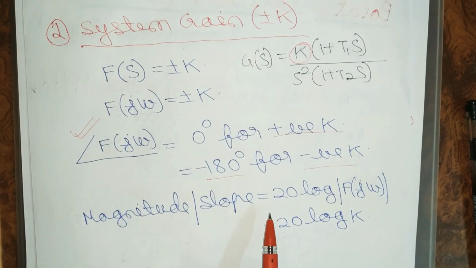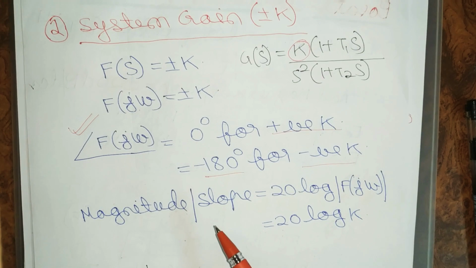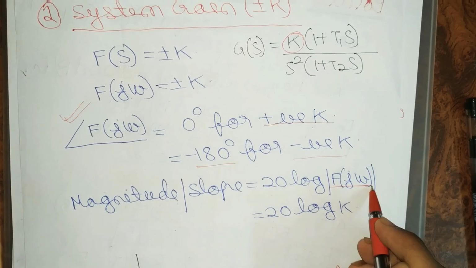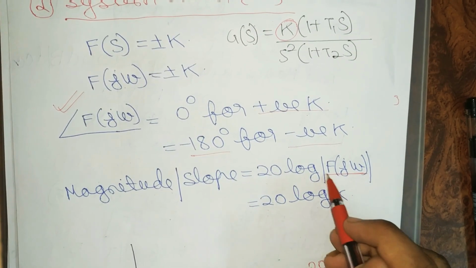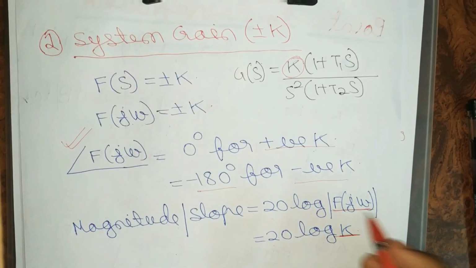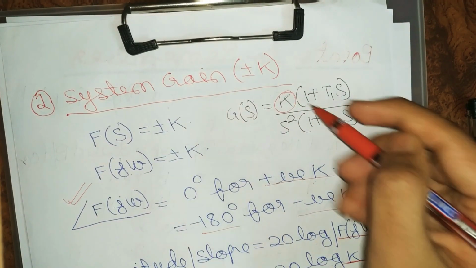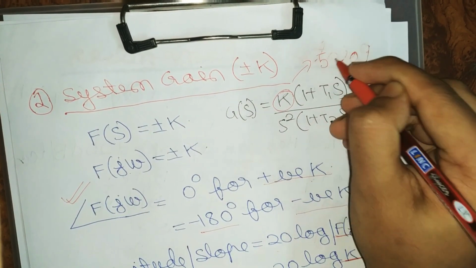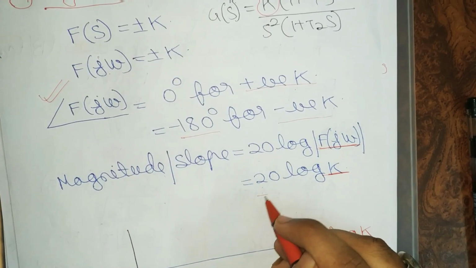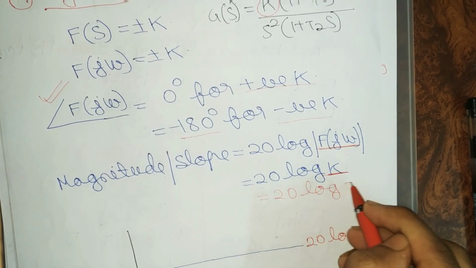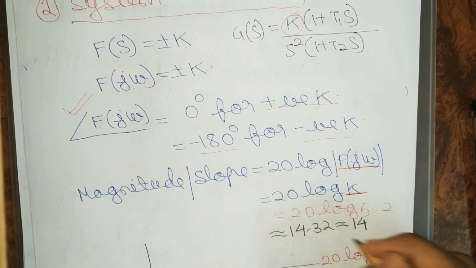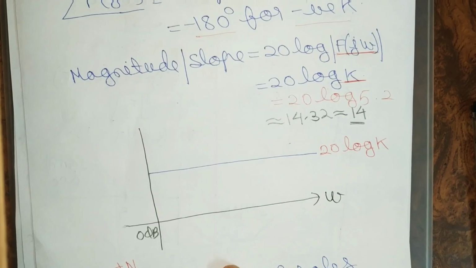The magnitude for this system gain K is given by the formula 20 log of mod F(j omega), and mod of F(j omega) is K. Suppose for example K is 5.2. Then you calculate 20 log of 5.2, and the value will come 14.32, which is approximately 14.